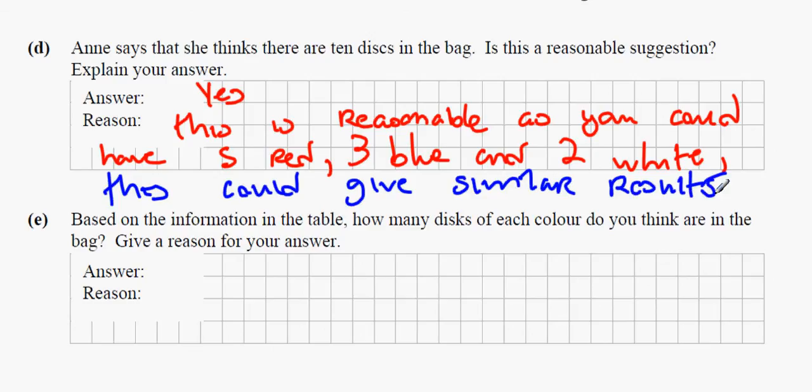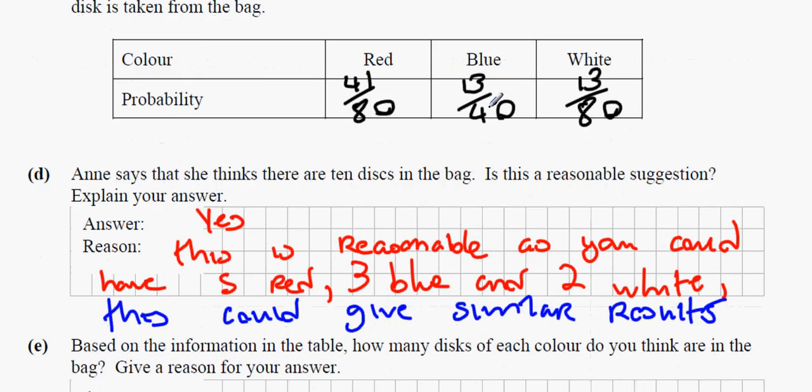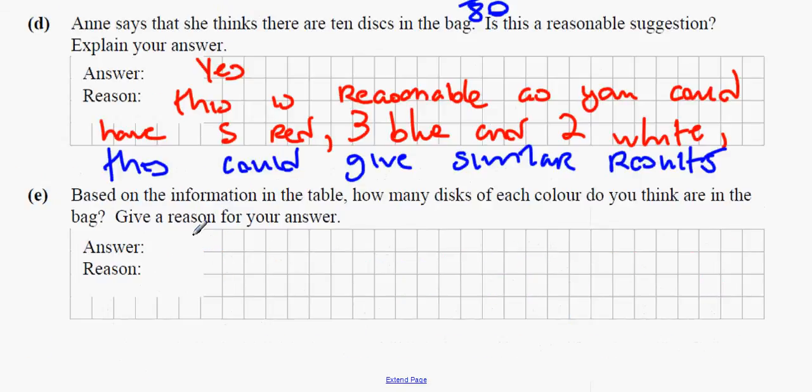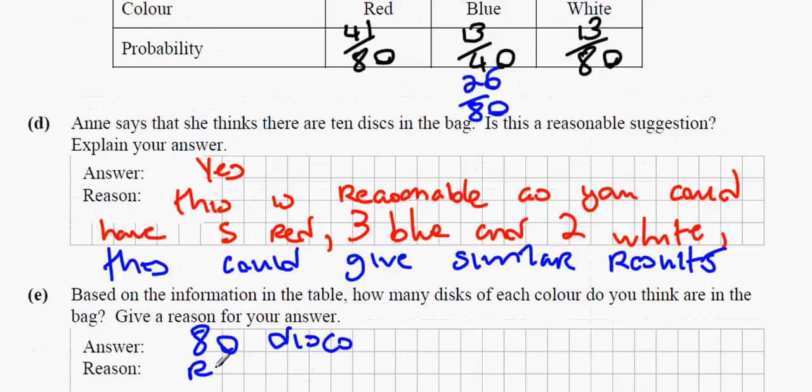Based on the information in the table, how many discs of each color do you think are in the bag? Give a reason for your answer. If it was to be exact, we could say that this blue one is 26 out of 80. And we could say 80 discs. And the reason is the probability for all of these could be: red probability is 41 out of 80.